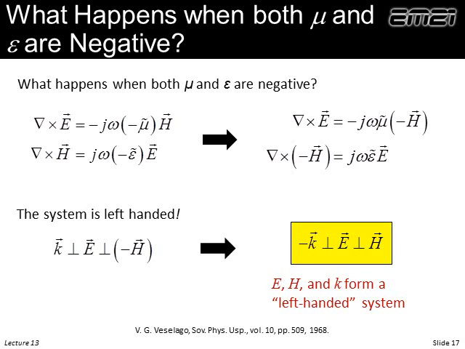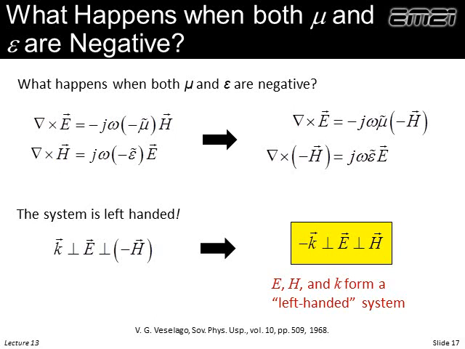Now certainly in some anisotropic materials that's not necessarily the case, but for most materials of interest, E, H, and K are all at 90 degrees with respect to each other, and E cross H is in the same direction as K. They form a right-handed system.